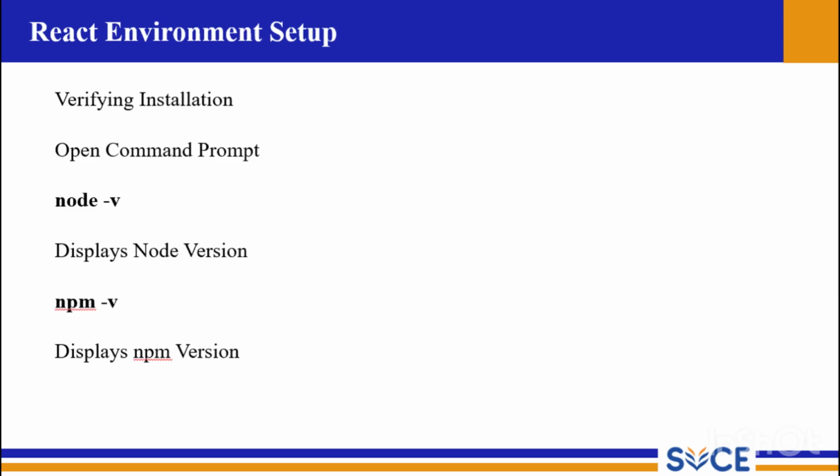The system should display the installed version of Node.js. Next, type npm -v. This command displays the installed version of npm. If both commands return version numbers, it confirms that the installation was successful.